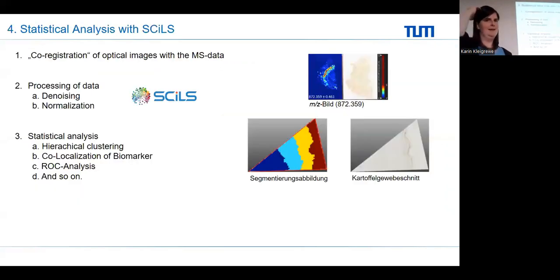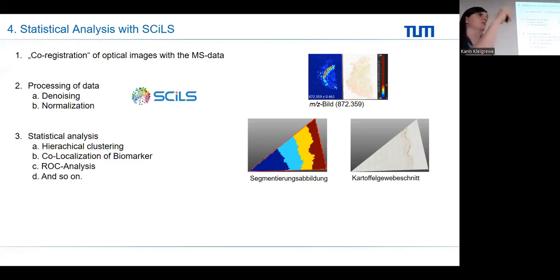But luckily, there is now SCiLS, which is a statistical analysis software, which helps you to get quicker to the data of interest. So basically what you can do is co-register other images. I will talk shortly about this adipose tissue project where we had UCP immunohistostainings.